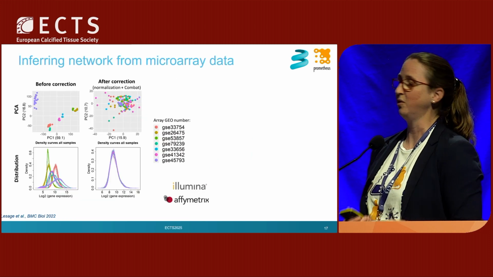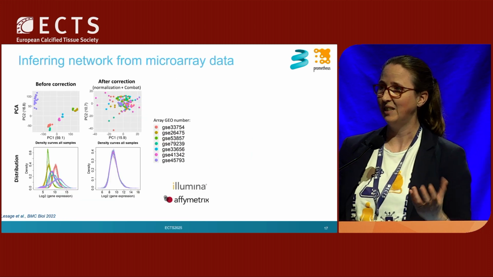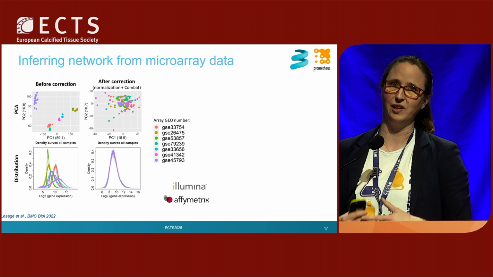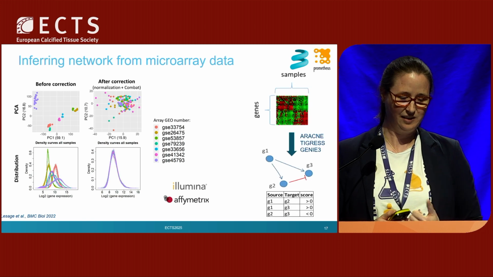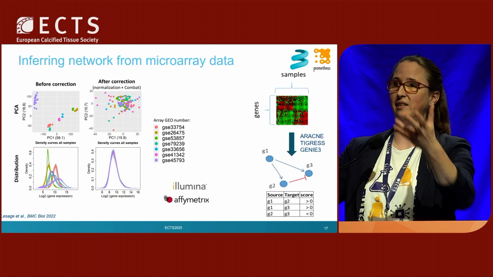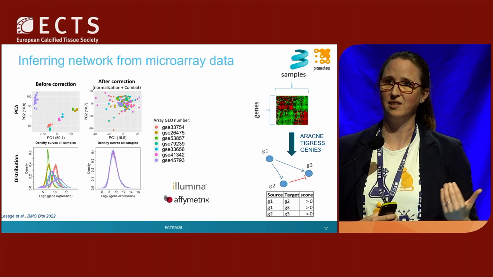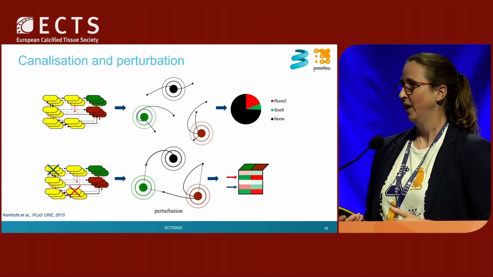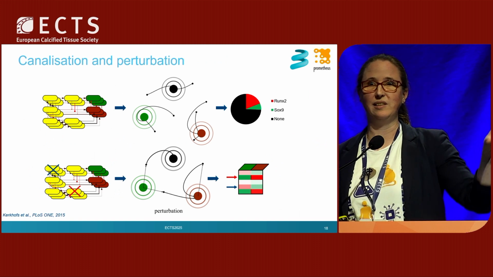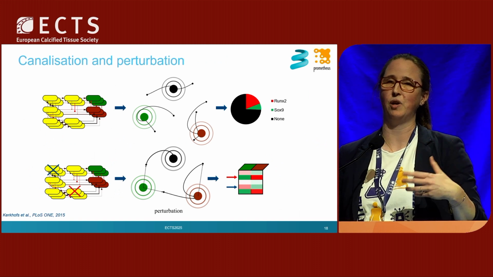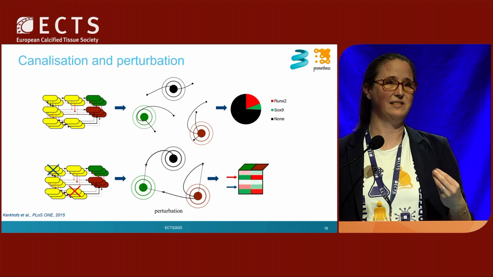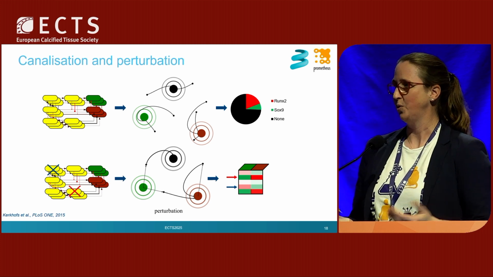Of course, you can also do it the other way around. You start from all the data sets, you aggregate them, making sure that you're taking out all the batch effects, and then taking this integrated data set and extracting from that the links between genes that we might have forgotten in the original network. Now, using this, we can then look at whether this network, if we make it a dynamic model, is capable of capturing the main states of a chondrocyte, which we were able to do.